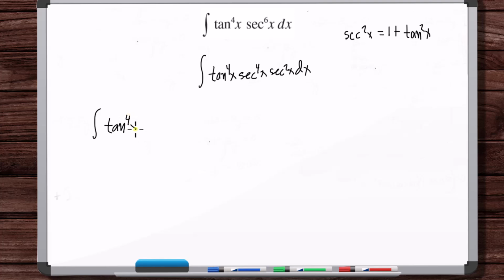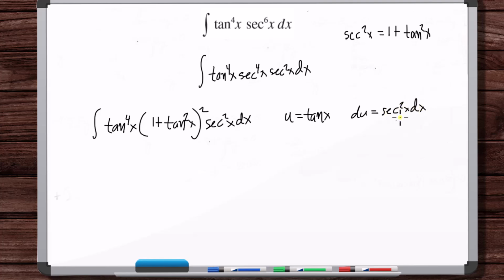So tangent to the fourth of x, and then we've got 1 plus tangent squared of x squared, secant squared x dx. Now we can say that u is equal to tangent x, and therefore du is equal to secant squared x dx. So u to the fourth, 1 plus u squared squared du.